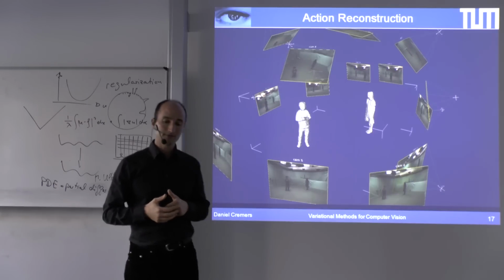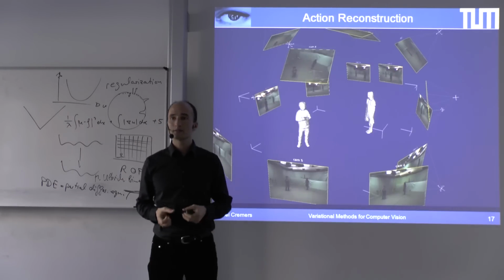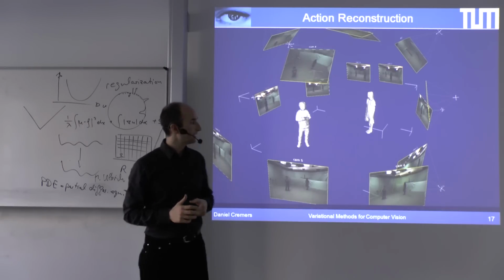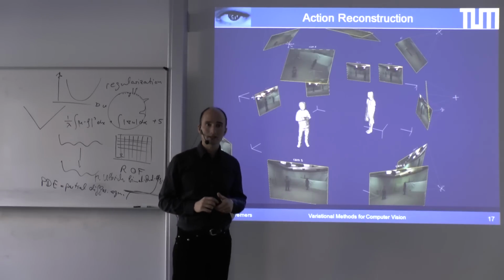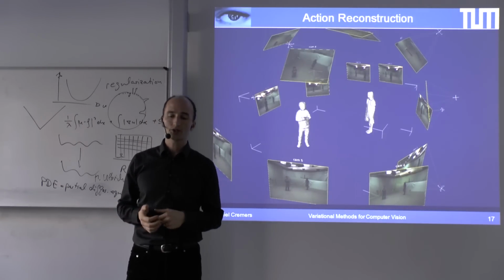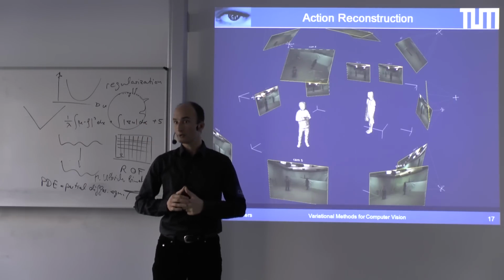So if all you want is a single 3D model of a fixed rigid object, take a laser scanner. But laser scanners have many drawbacks, and in fact, at least traditionally, in robotics the laser scanner was the dominating sensor for robots.